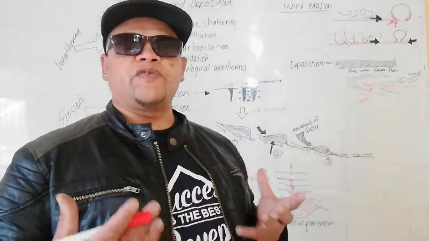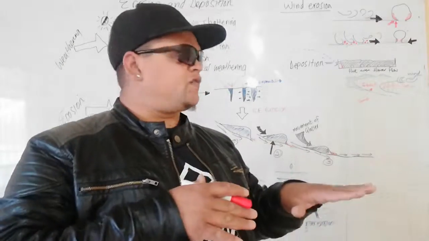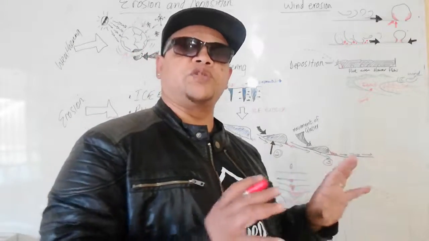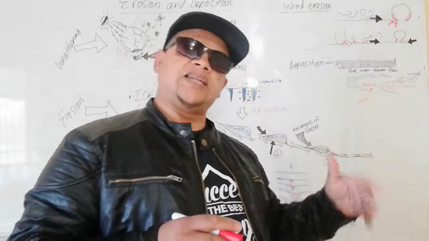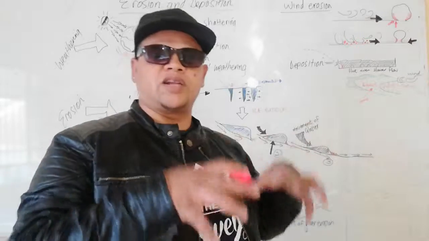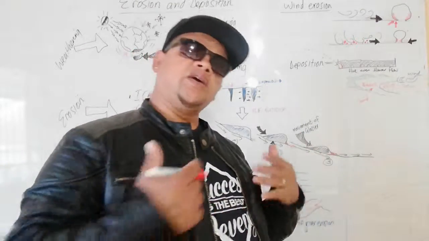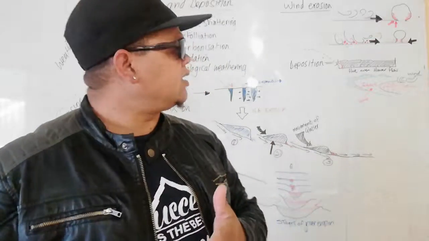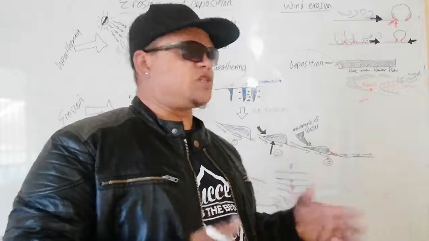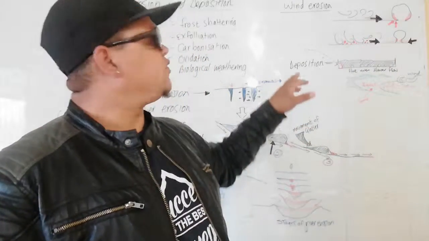So if the water is on a flatter surface and not on an incline, the water won't be strong enough to push the bigger rocks. It will push the sand and the silt, but it won't be able to push the bigger rocks. So where the bigger rocks will rest, that is the process we call deposition, where it cannot be pushed by the element or the water's flow, okay? Eventually that will sit there. That is called the process of deposition.